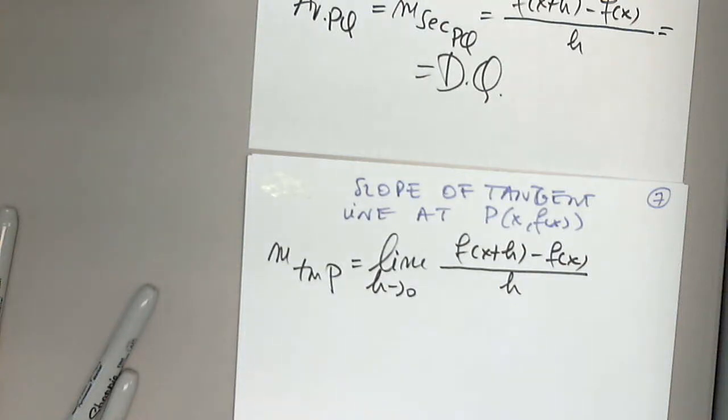Let's stop. This is extremely important. We've done this a lot, but we did not put these two concepts together. This is the first time we see the difference quotient and the limit together.